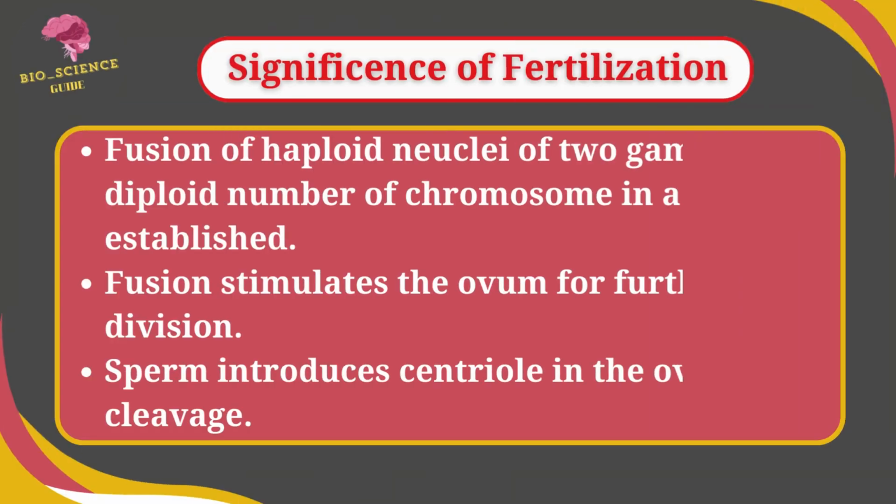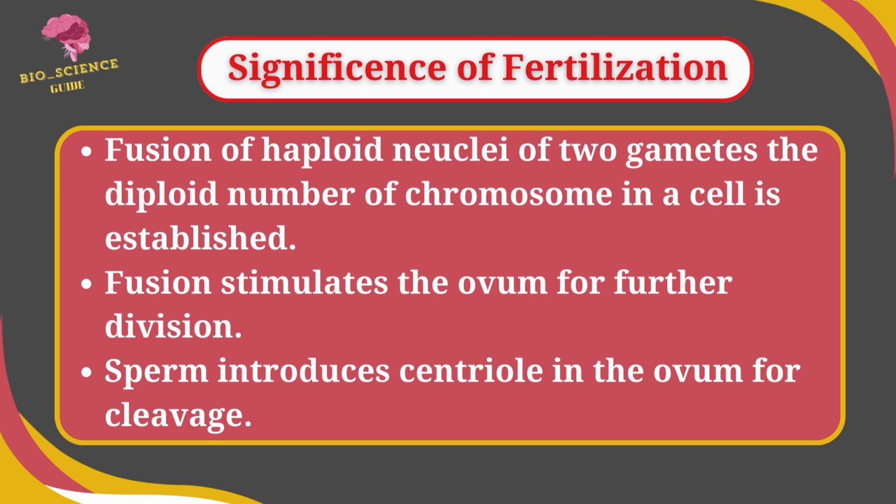The significance of fertilization. The process of fertilization has the following importance. The fusion of haploid nuclei of two gametes forms a diploid zygote, in which the diploid number of chromosomes in a cell is established.